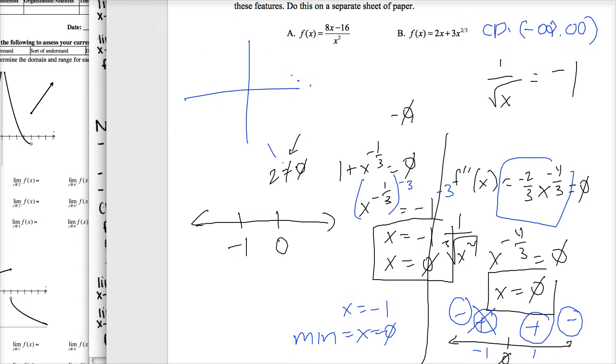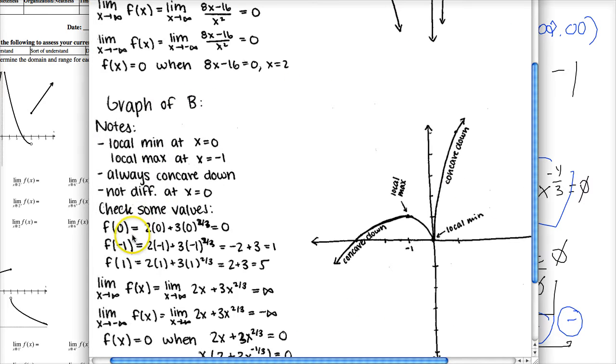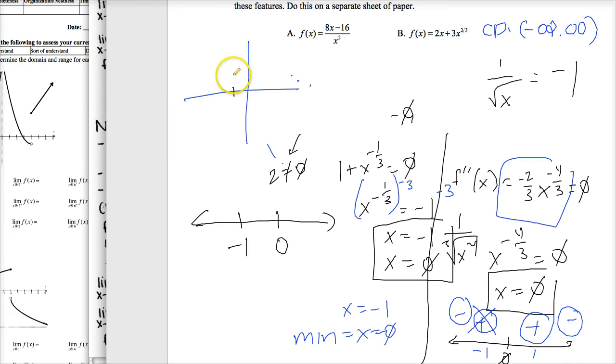Okay, and I know that I have a local max at negative 1, and I have a local min at 0. Okay, and the problem is that I don't know where that is or what the value is. So what they did in your key is the guy plugged in 0 and negative 1. When he plugged in negative 1, he got 1. So I'll draw that point here. When he plugged in 0, he got 0. And this won't let me draw it on 0, but let's just assume there's a little 0, 0 point right here.